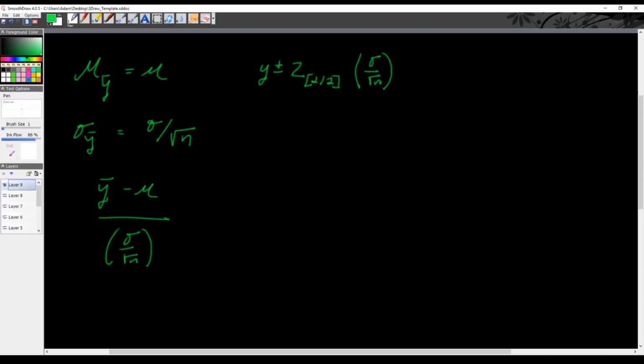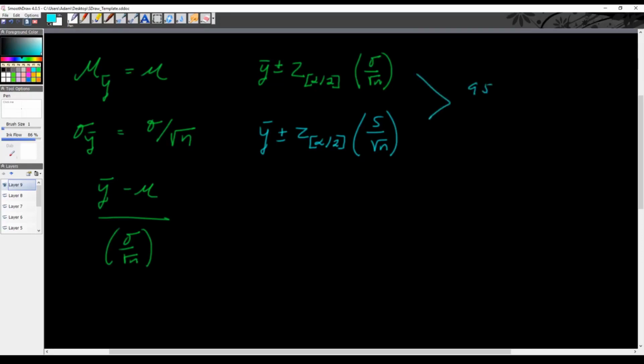implies that these quantities, y bar plus or minus z alpha divided by 2 times the standard error, and, supposing we're working with the sample standard deviation instead of the population standard deviation, the same with s, are both 95% confidence intervals for mu.